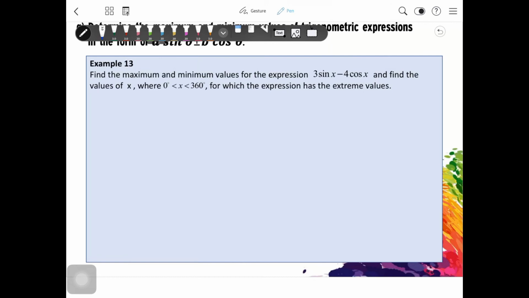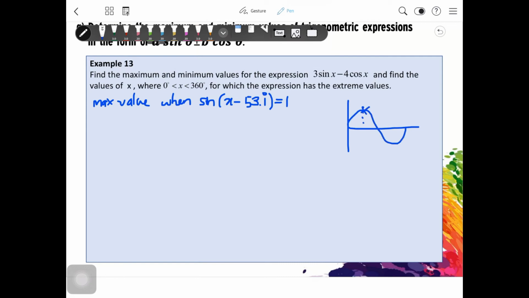What we are going to do next is write down that the maximum value happens when sine (x minus 53.1 degrees) equals 1. We have to recall from a sine curve, when is it equal to 1? It is when sine 90 degrees gives you 1.